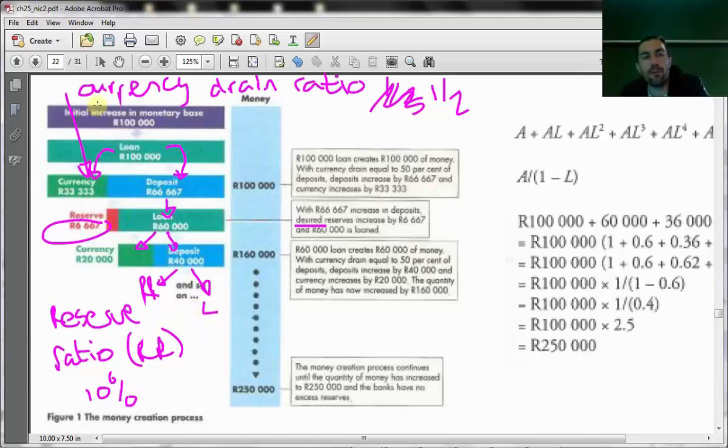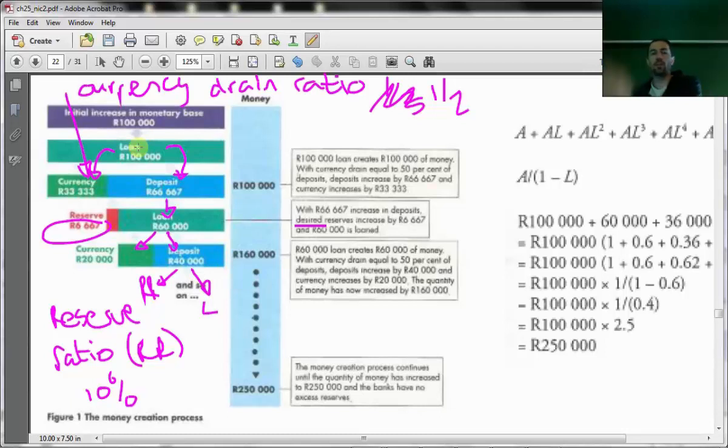So from this initial 100,000 increase in the money base, there's a natural limit to the amount that the banks can lend, because every time they lend, the amount redeposited is less, and a certain amount of it must be kept as a reserve. So only a smaller portion can get lent again.